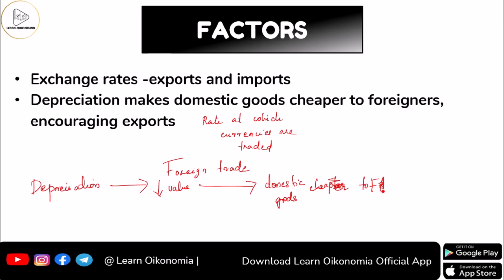So what happens here? When this becomes cheaper to foreigners, there would be an increase in exports, and when there is an increase in export, this will increase the income, and this will ultimately lead to increase in welfare. This is just the case with depreciation, and appreciation will be having the opposite effect.